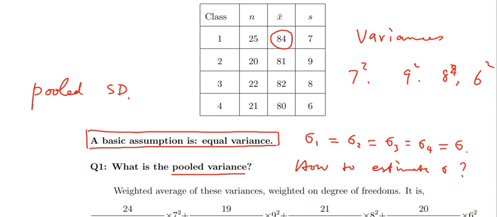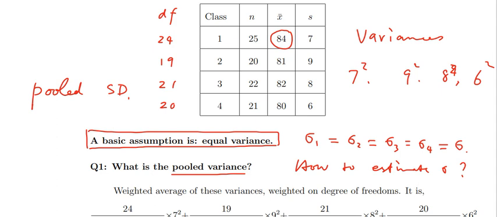Then we need the weighted average, not adding them up and dividing by 4. So weighted on what? On the degrees of freedom. Here the degrees of freedom are 24, then 19, then 21, then 20. So n minus 1 is the degrees of freedom, and we weight on those.